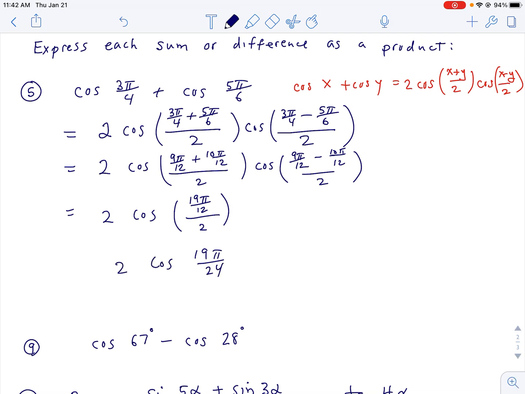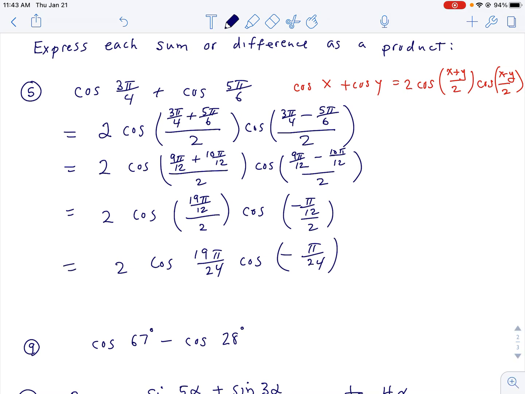I know, terrible, terrible number. Second set of parentheses, I've got 9/12 minus 10/12, which is minus pi over 12, right? But that's all over 2, so I'm going to get cosine of minus pi over 24.